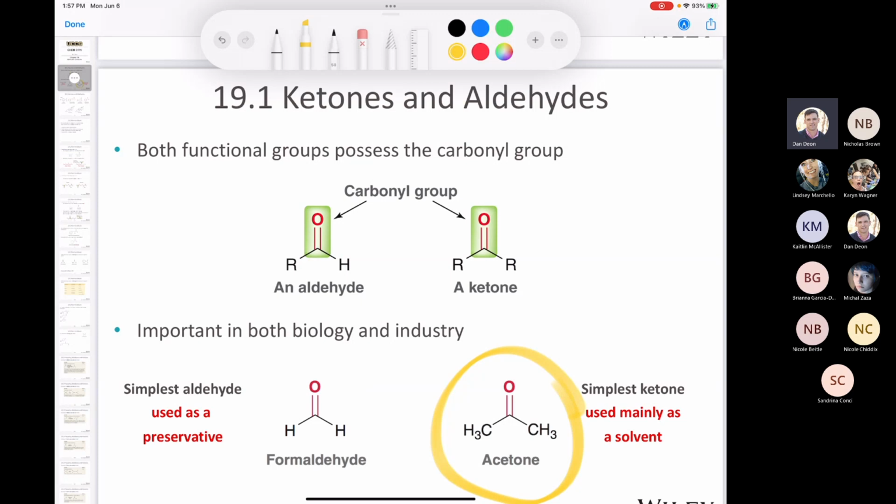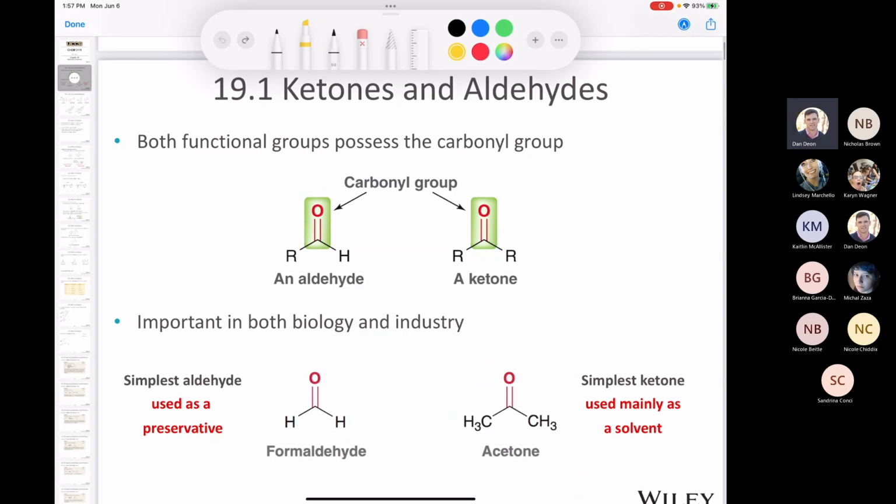Sometimes we use acetone to clean dishes when there's stubborn bits of residue that won't come off of glassware. And also, acetone is used as nail polish remover, but in organic chemistry, it can be used as a reactant. It's used as a solvent a lot in organic chemistry. Formaldehyde and acetone are common names, but I expect you to know the formulas and the structures of both and the names of both formaldehyde and acetone.